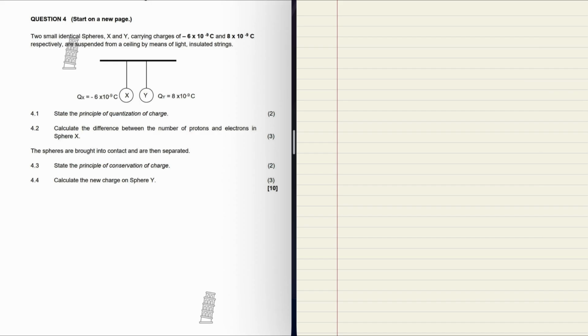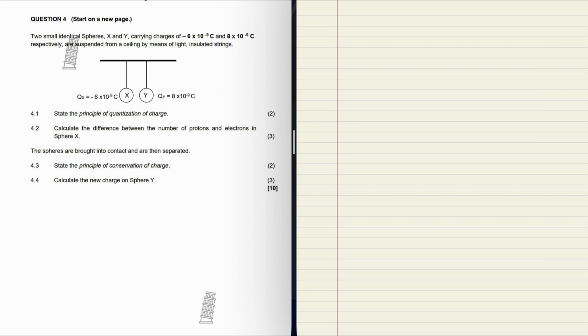Question 4.2, calculate the difference between the number of protons and electrons in sphere X. Now this question is phrased in such a way to try to trick you. All it's asking is to calculate the number of electrons that sphere X either gained or lost. That's all it's asking. It's worth 3 marks.